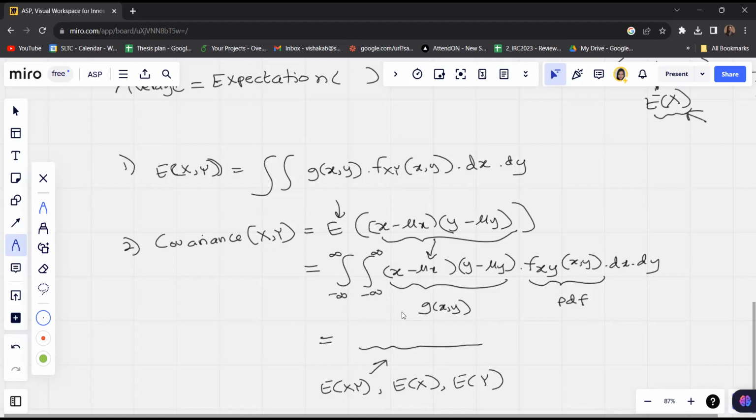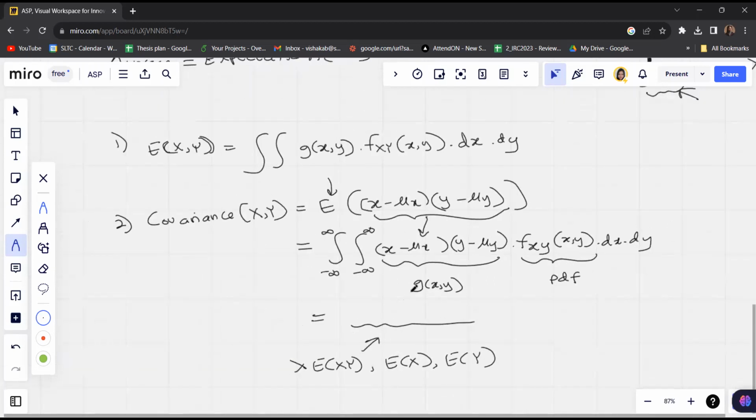If possible, try to find the final answer by solving this integration, and then find the answer to this covariance using these expressions, E[XY], E[X], and E[Y]. I hope you will try to do that. In the meantime, after giving you some time, I will explain how to obtain the result.